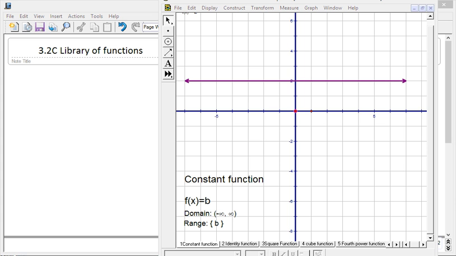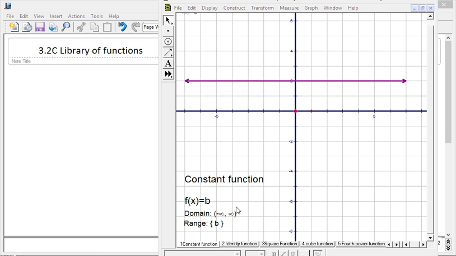Okay, so the first one is the constant function. So it is in the form for the equation of f of x is equal to some constant. So I graphed it where the constant was 2, but it would still be the same constant function if it were any other number.